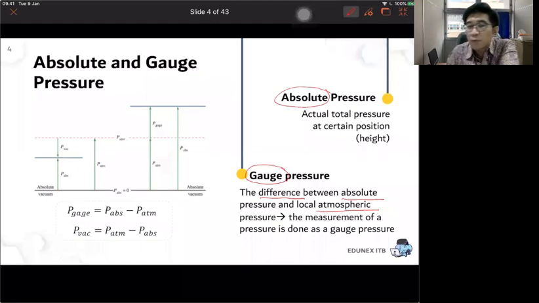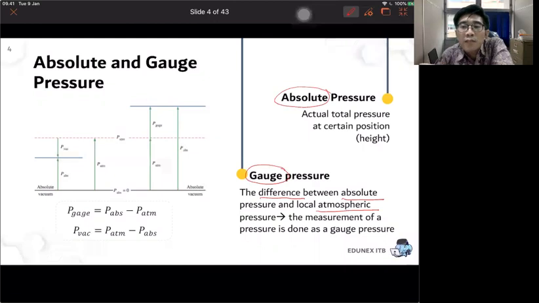If you find in some problems, which one is the pressure? Is it the absolute pressure or is it the gauge pressure? The calculation or all the formulas that we will use in fluid mechanics usually use absolute pressure.